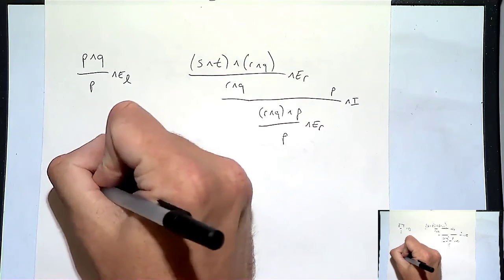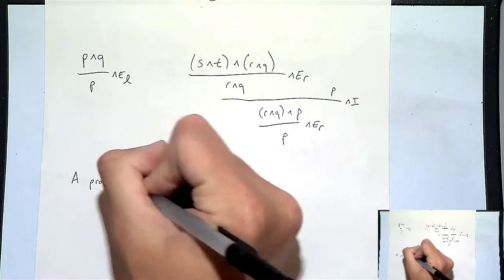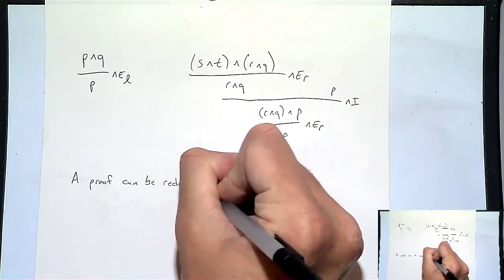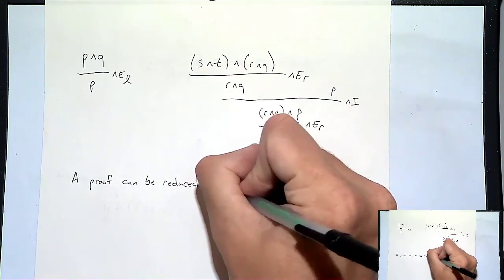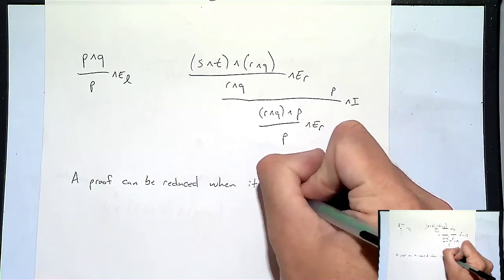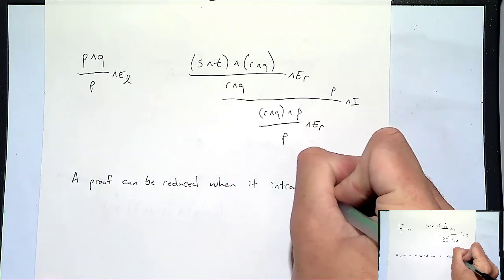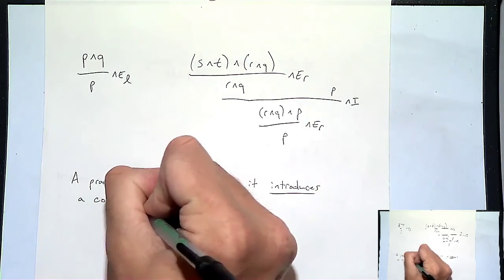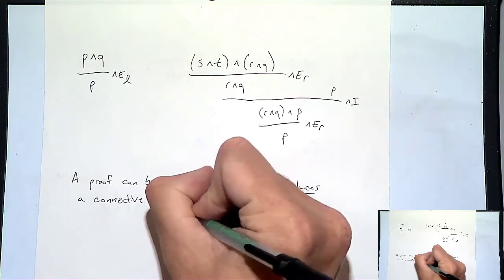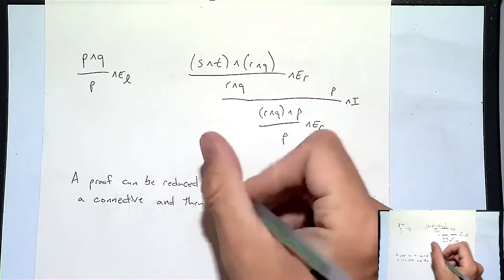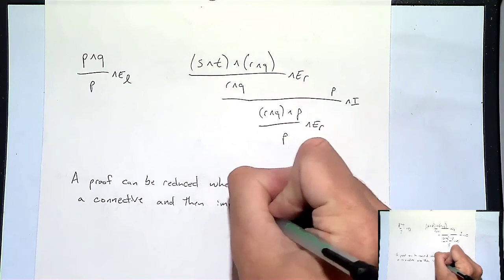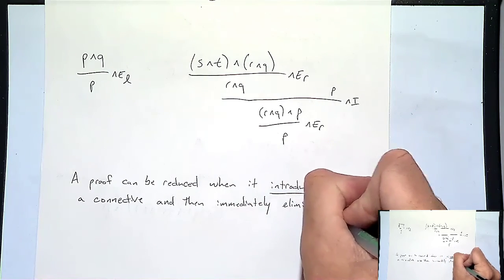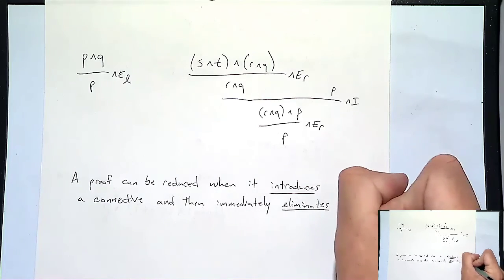Here's the key principle that'll stay with us. A proof can be reduced when it introduces a connective and then immediately eliminates it.